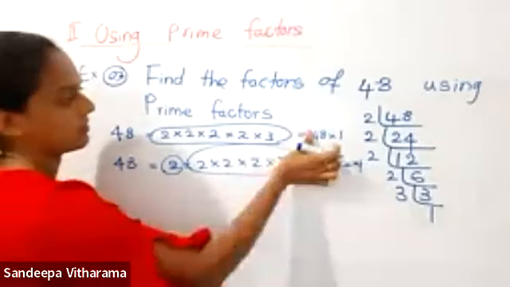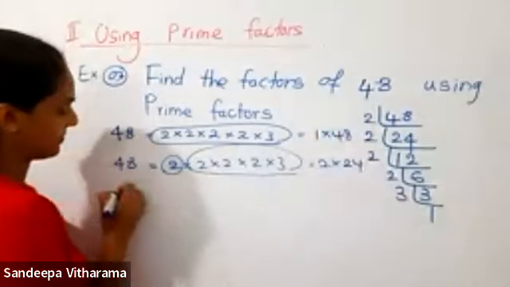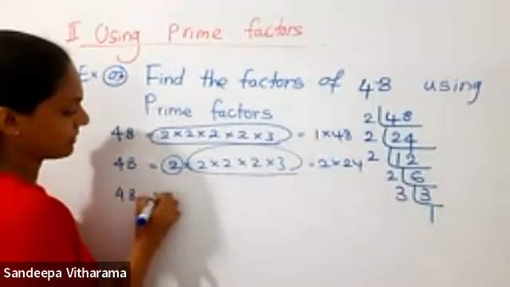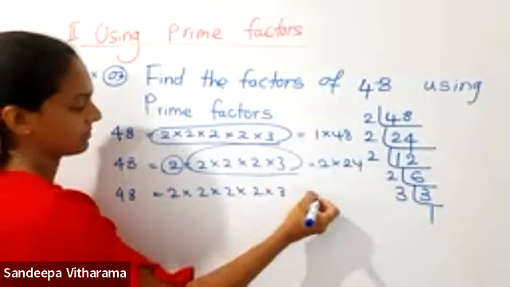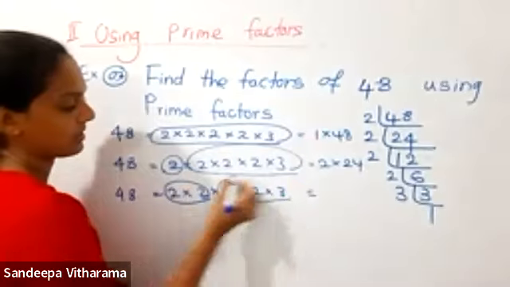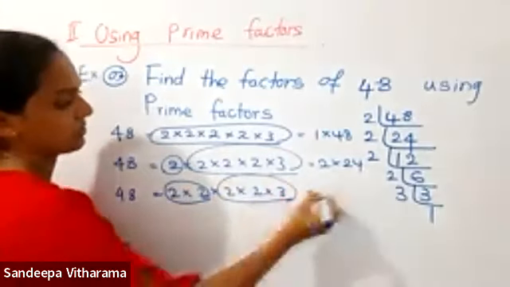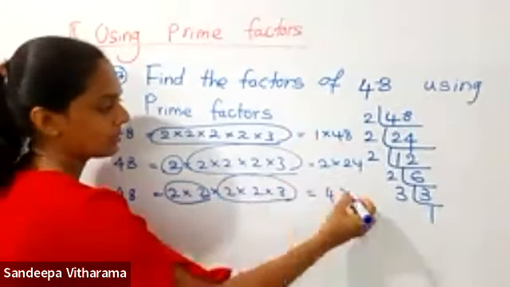Let's write this as 1 into 48. Then again 2 into 2 into 2 into 2 into 3, the first 2 digits and the last 2 digits: 2 into 2, 4. 2 into 2, 4. 4 into 3 is 12.